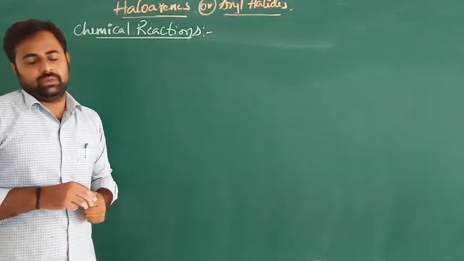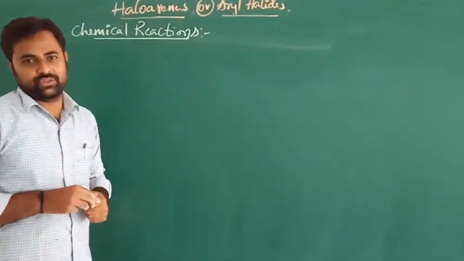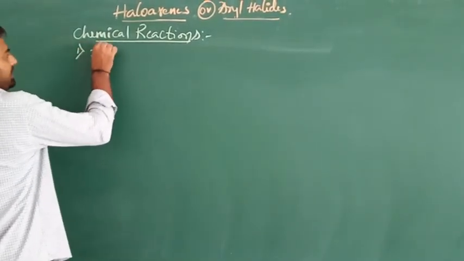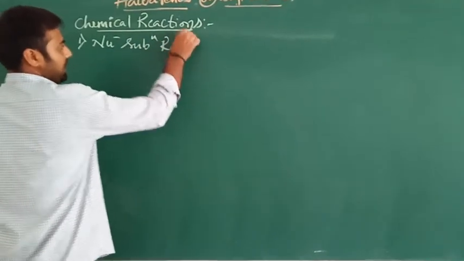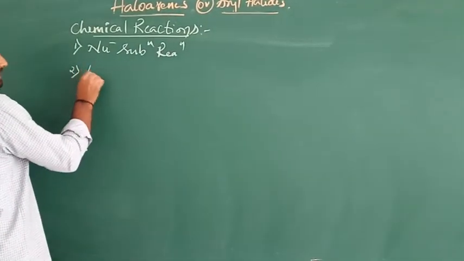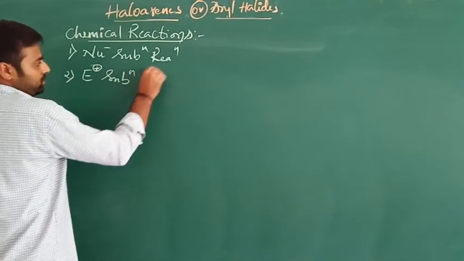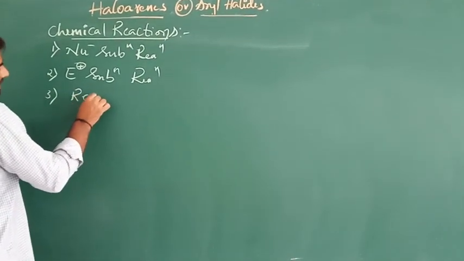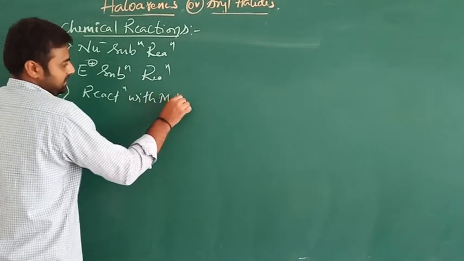In this chapter, aryl halides are involved in three major types of reactions. The first one is nucleophilic substitution reaction. The second one is electrophilic substitution reaction. The third one is reaction with metals.